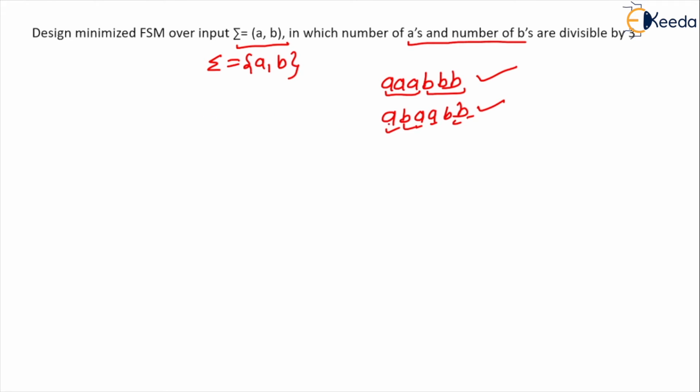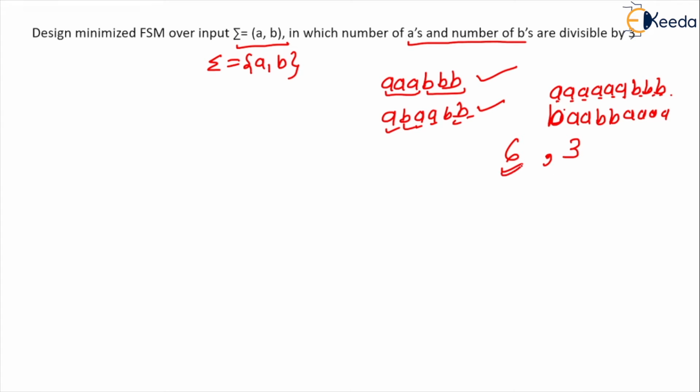Now if we write a string like 6A, 3B, or in any order like first B, double A, double B, 4A. Got it? Again the number of A's in this string is 6 and the number of B is 3. So 6 is divisible by 3 and 3 is also divisible by 3.